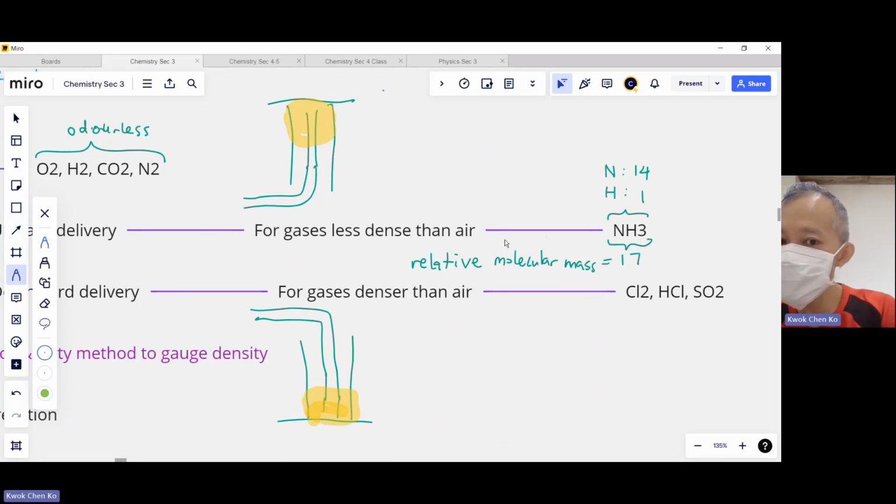There's a short form, and take note of this short form. It's going to come up sooner or later. Capital M, small r. They call it Mr. Relative molecular mass. Okay, come Dylan, very simple. I want you to calculate the Mr for these three.